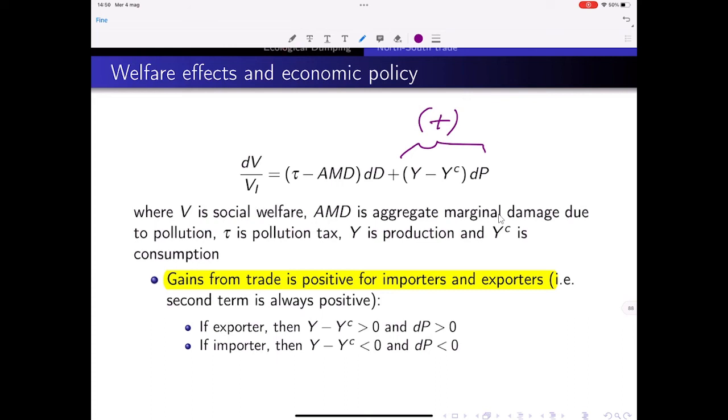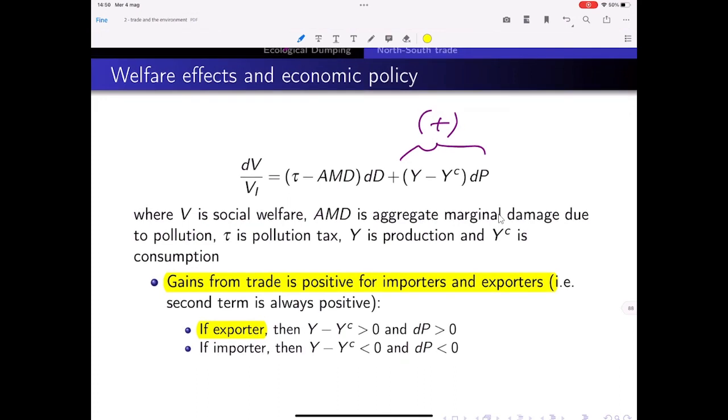Consider first of all an exporter. If I'm exporting Y, then Y is larger than YC because production is larger than consumption of Y. But for the exporter, if there is trade liberalization, the price goes up. And therefore, dP is positive. And so you have positive times positive, which is positive.